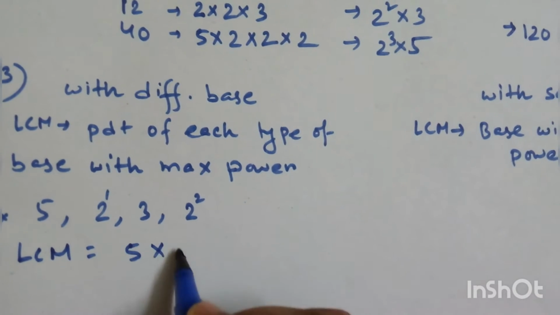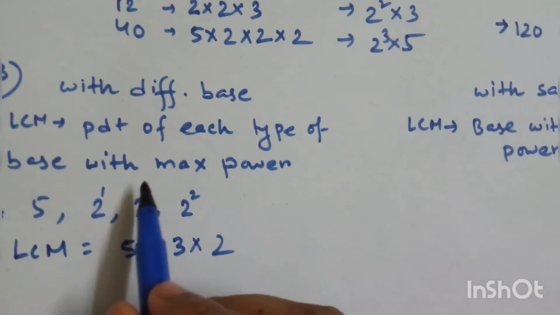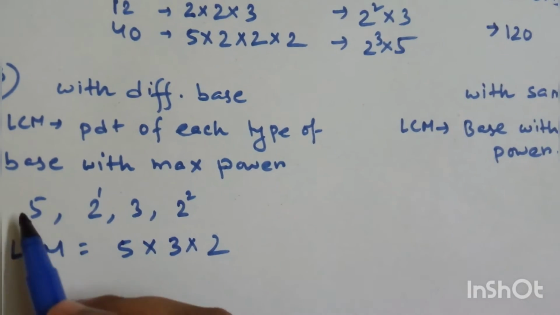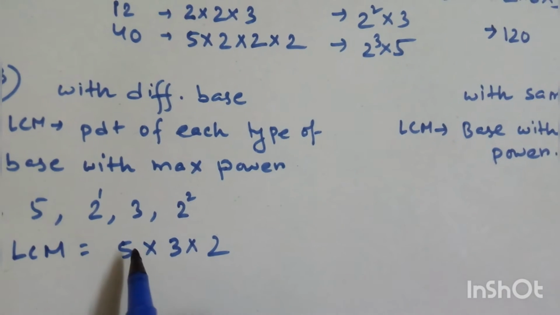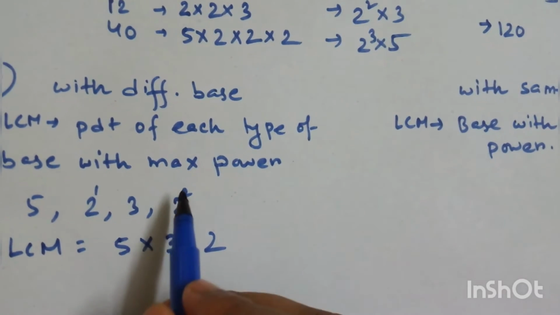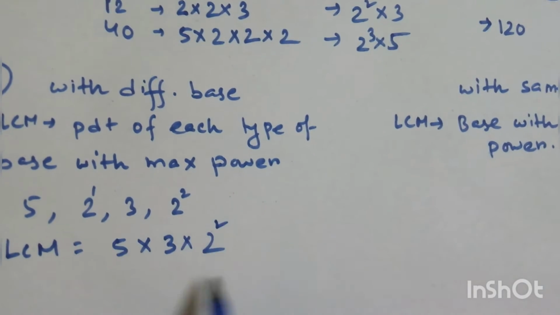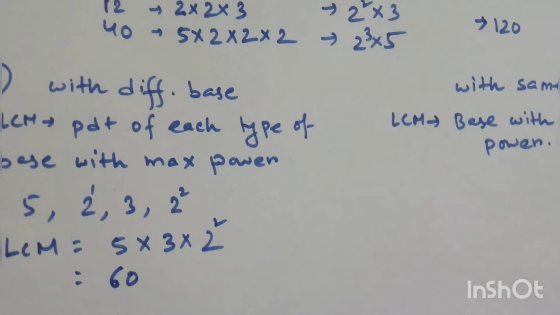There are 3 types of base, 2, 3 and 5, with maximum power. The power of 5 is 1 and 3 is 1, but the maximum power of 2 here is 2. So the LCM will be 60.